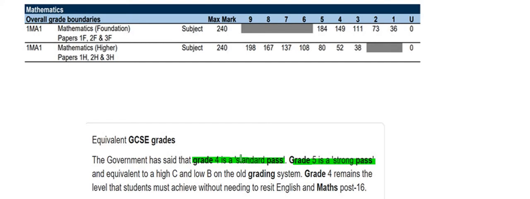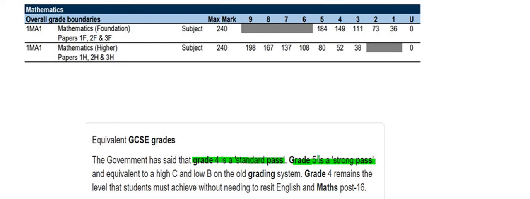You will get admission to college, but you have to sit the exam again to pass your GCSE English and Maths. So grade 4 is a pass and grade 5 is a strong pass. And if you want to get good admission to a good uni, you have to get grade 5.